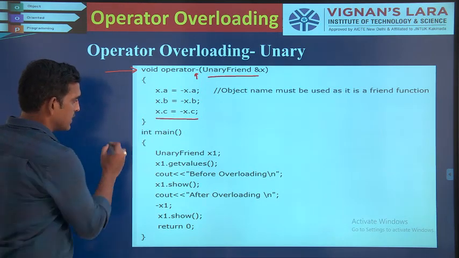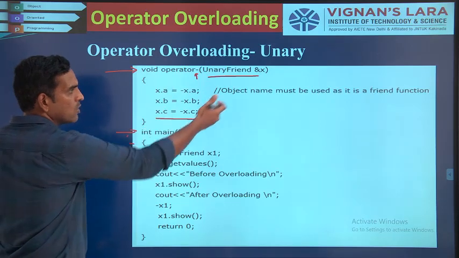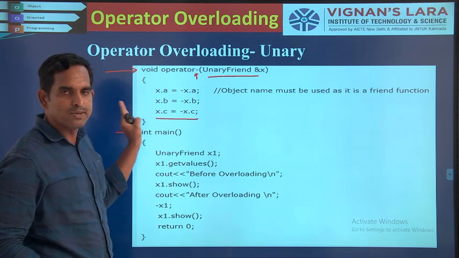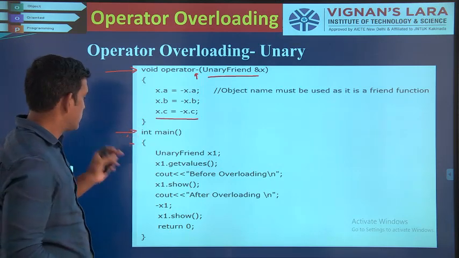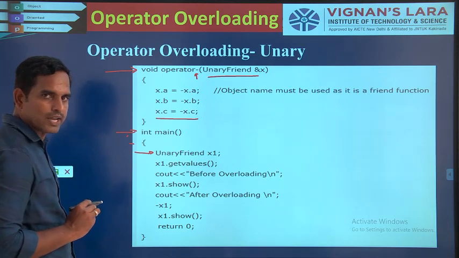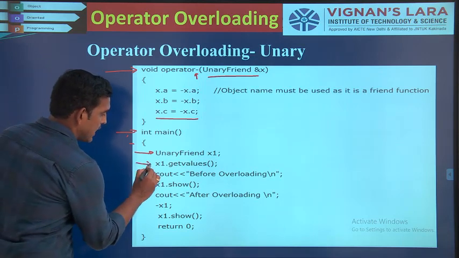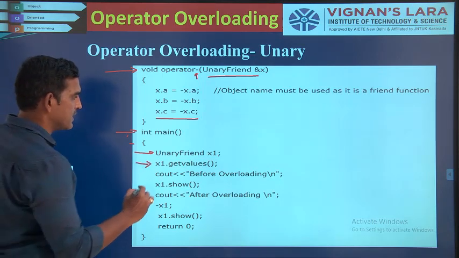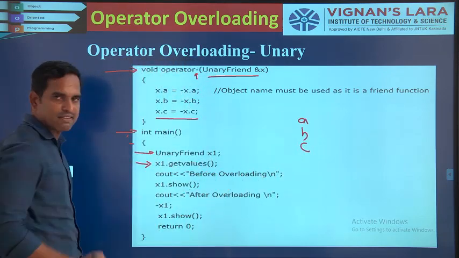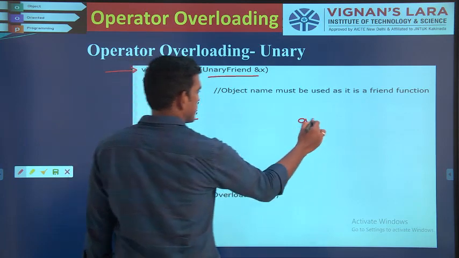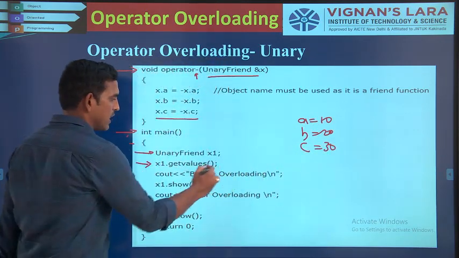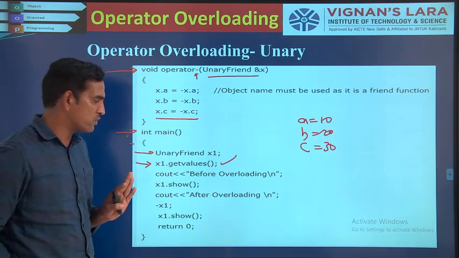Next, inside the main, this is how you have to overload a unary operator by using a friend function. First I have created an object for the class. After that I have initialized the A, B, C values by using the get values function. If I give the values 10, 20, 30, these will be the values derived from the get values function.